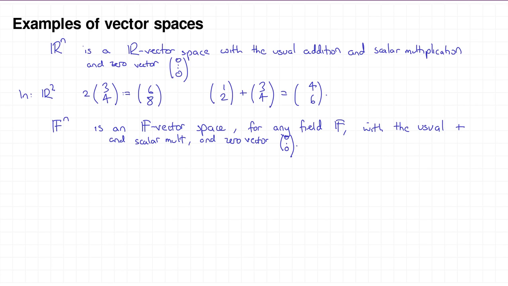Another example is our sets of matrices, so M m by n of F. That is the set of all m by n matrices whose elements come from the field F. And that is an F vector space.